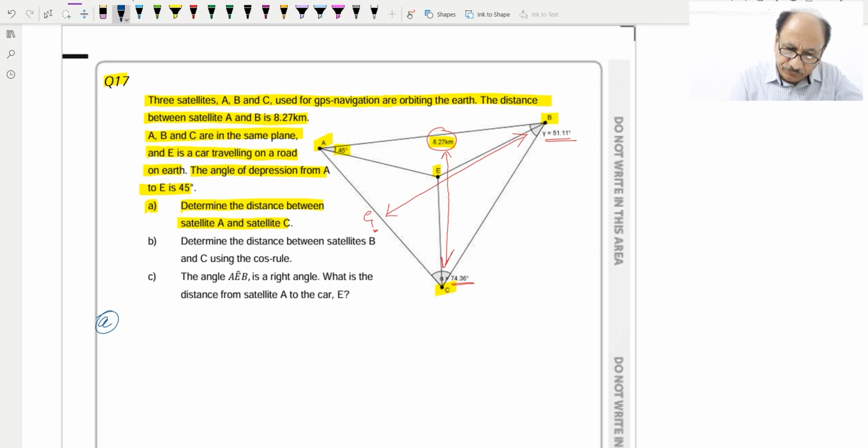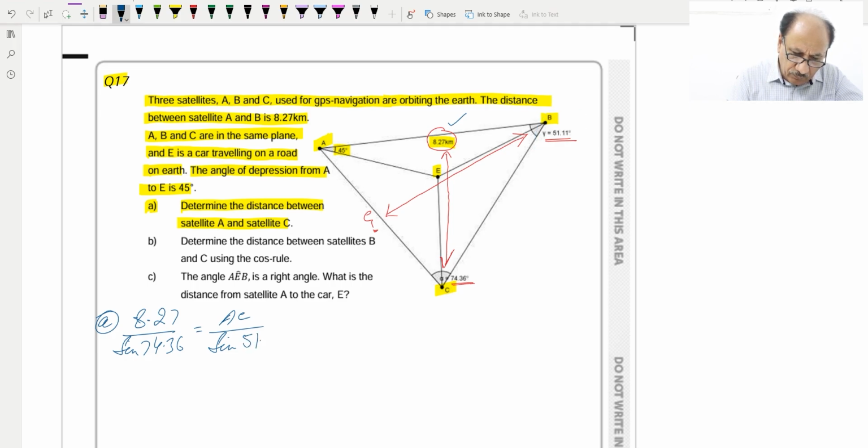That will be 8.27 divided by sine of 74.36, which is equal to the other side, whose length we don't know, which is the AC length, over sine of the angle, which is 51.11.